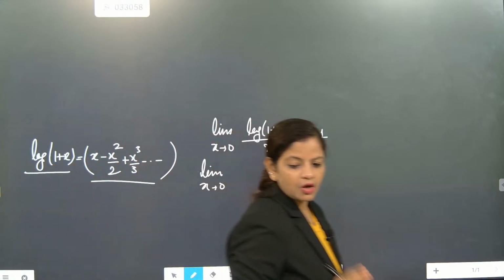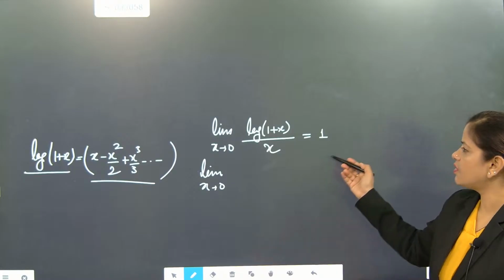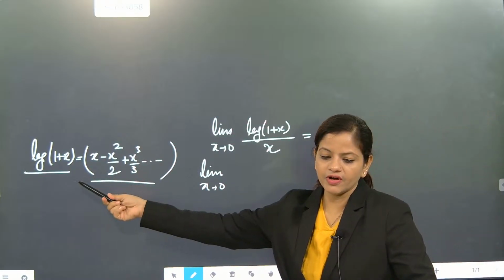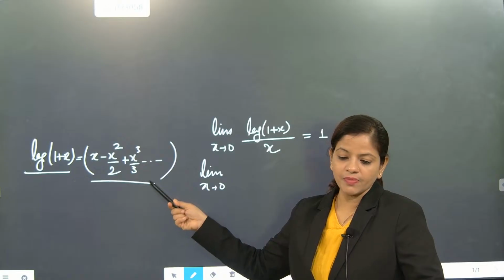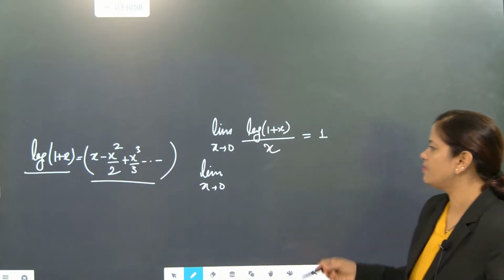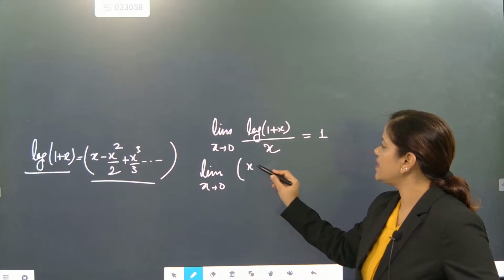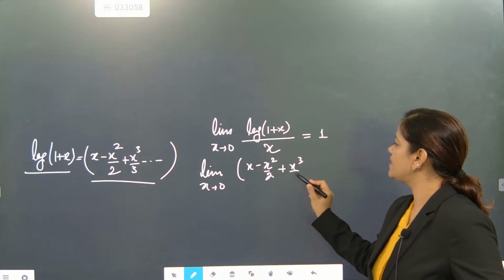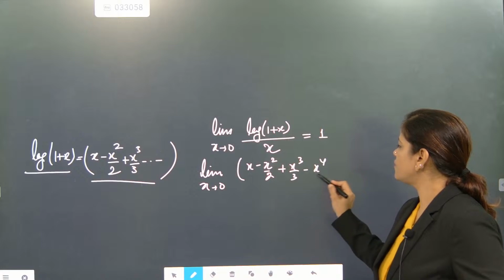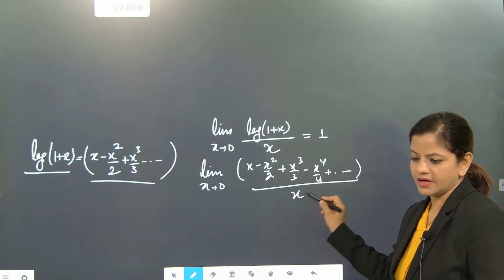Understood? So here log of 1 plus x by x is equal to 1. So this formula is exactly coming from log of 1 plus x, x minus x square by 2 plus x cube by 3. So this is the most important formula. So here rather than writing log of 1 plus x, we can write x minus x square by 2 plus x cube by 3 minus x4 by 4, like this and so on, by x. Understood or not?